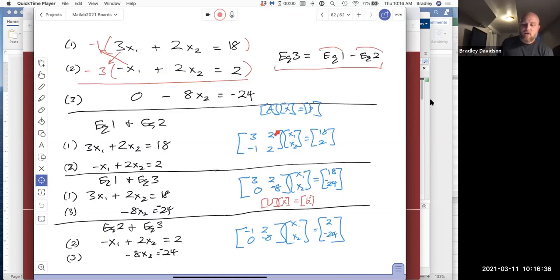But we've now changed our A matrix to be this form simply by eliminating a variable actually. And then we get a new B matrix. Can everyone see that? How we went from an AX is equal to B to a UX is equal to some new B matrix. Give me a thumbs up if you're following me there.